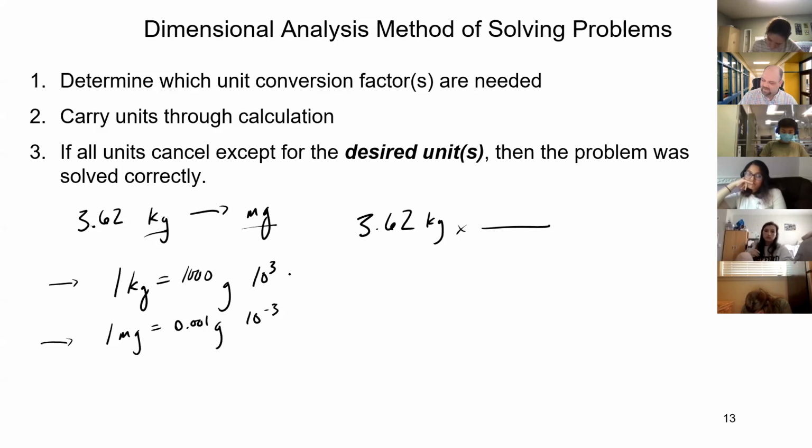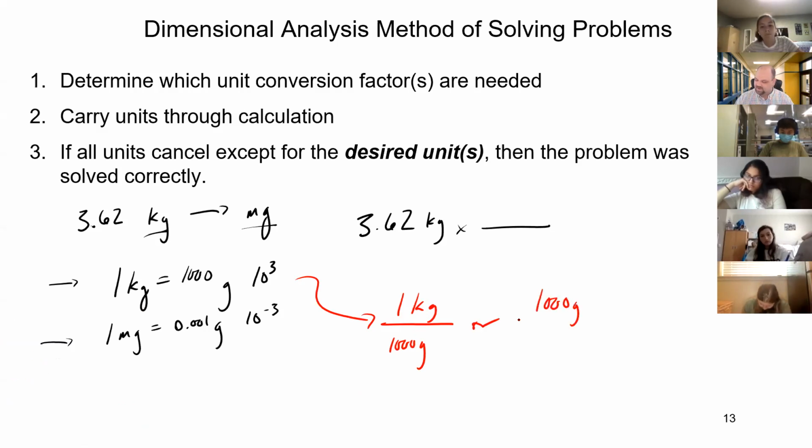I can take this and write it two ways: 1 kilogram is 1,000 grams, or 1,000 grams is 1 kilogram.